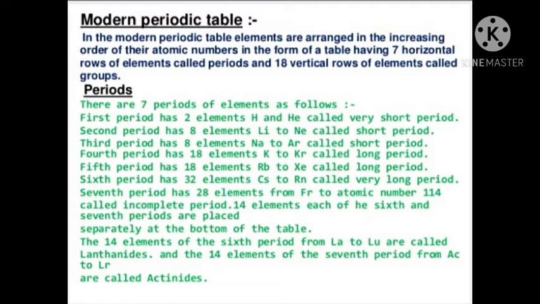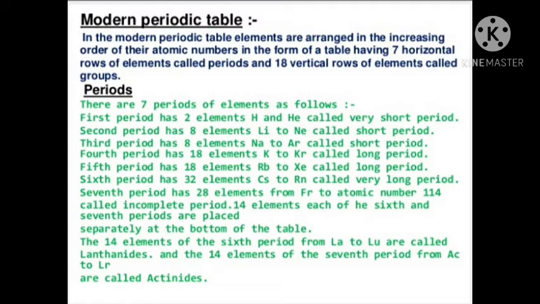The sixth period has 32 elements, cesium to radon, called a very long period. The seventh period has 28 elements from francium to atomic number 114, called an incomplete period. 14 elements each of the 6th and 7th periods are placed separately at the bottom of the table.